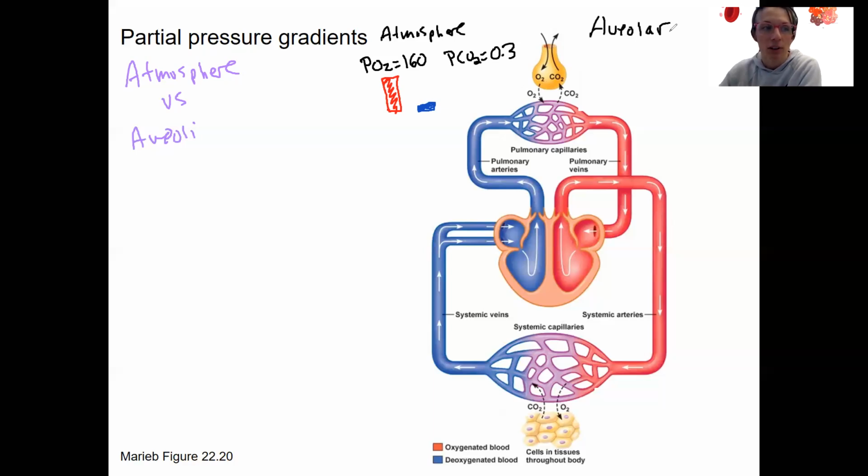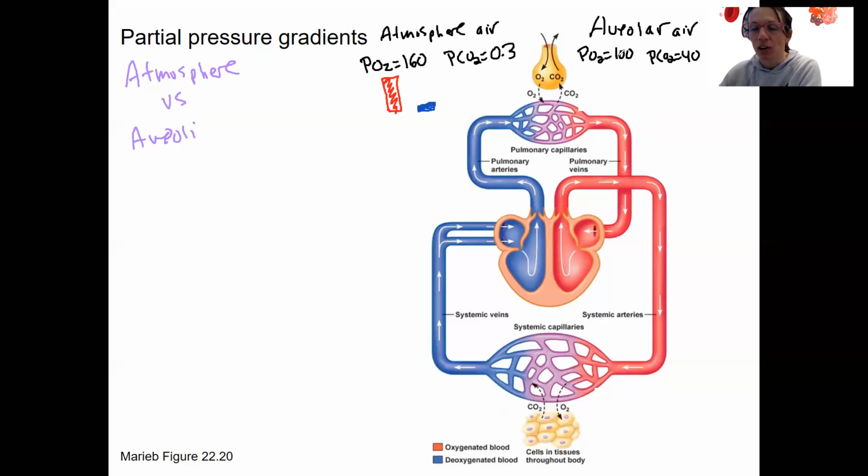Here's alveolar. This is air composition we're talking about, right? So slightly lower PO2, about 100, and slightly, well, actually significantly higher PCO2. This is largely due to the unloading of carbon dioxide produced by your body. Our bodies produce a bunch of carbon dioxide and we're going to exhale that into the air.